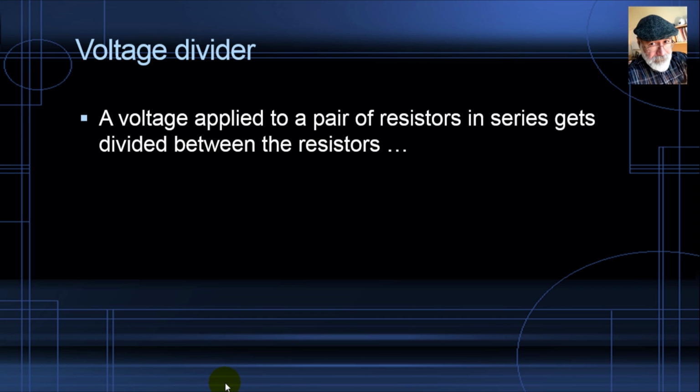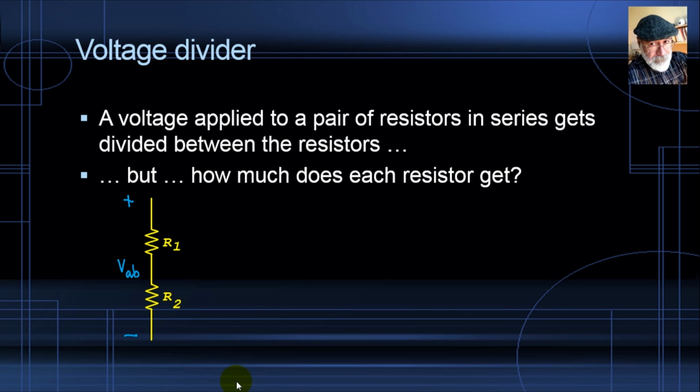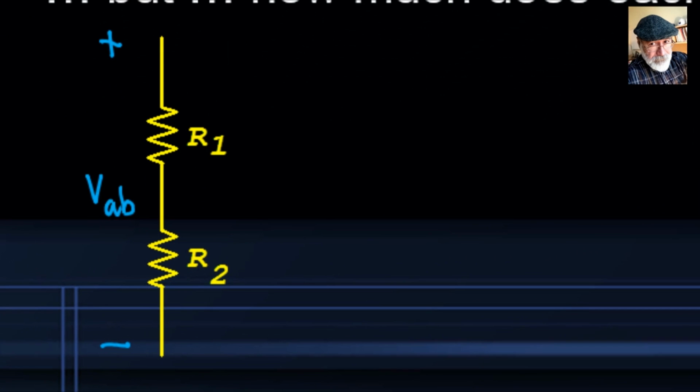A voltage applied to a pair of resistors in series like these two gets divided between the two resistors. That voltage, VAB, applied to the totem of two resistors, gets split between R1 and R2. The question is, how much of that voltage gets each one of the resistors? R1 gets V1 and R2 gets V2.